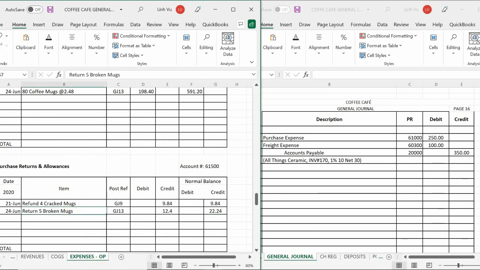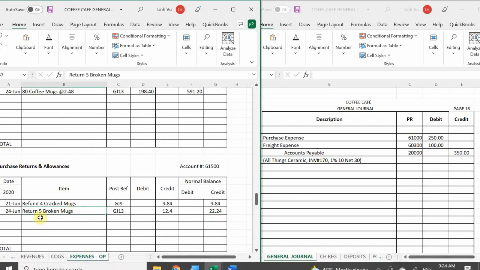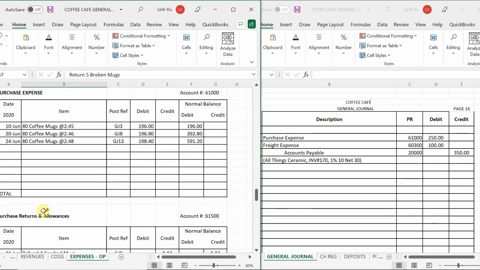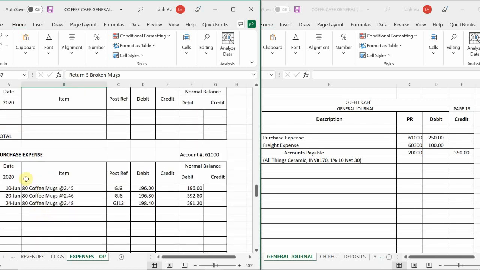Was that a purchase expense? For 100 coffee mugs at $2.50 each.